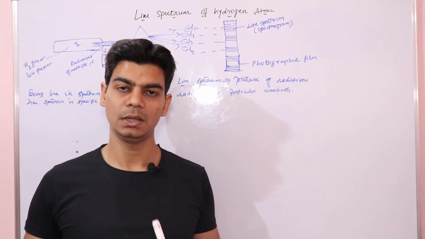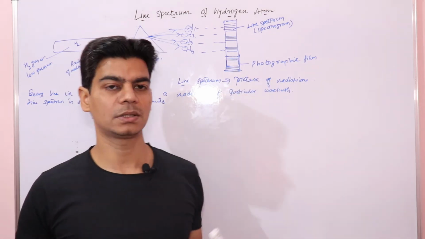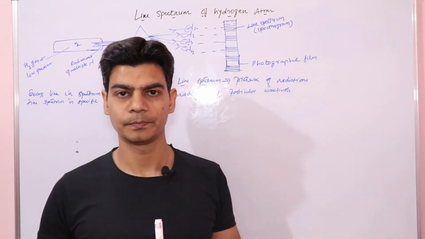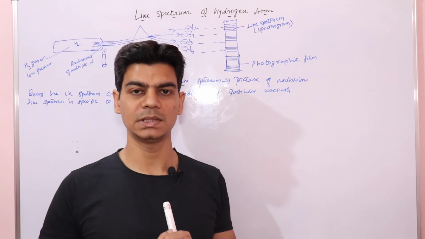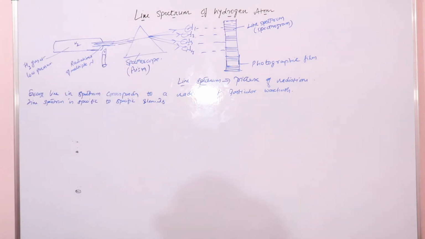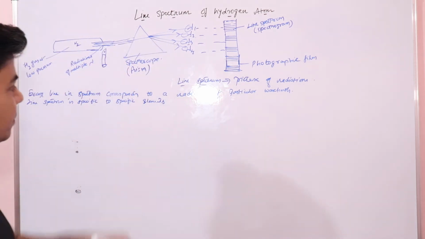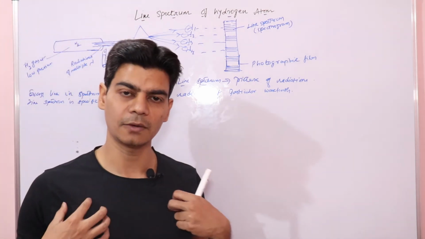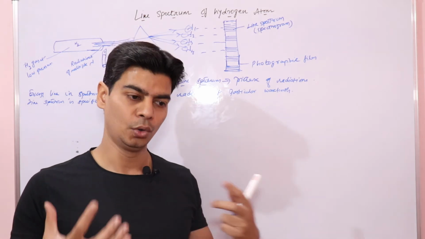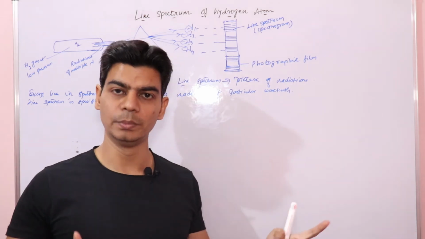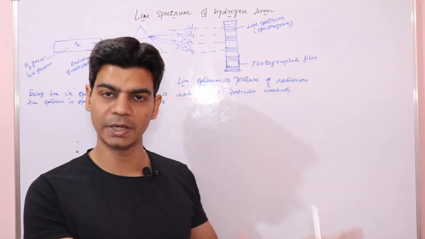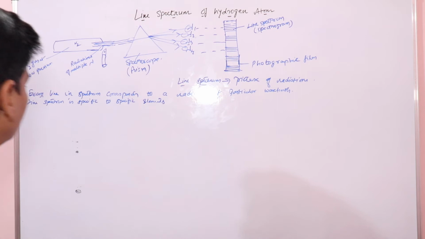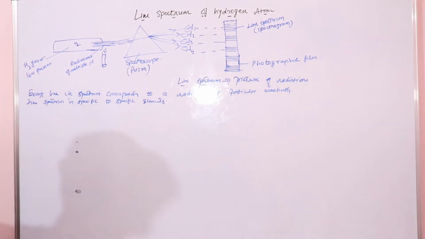Like I said, in the case of sodium metal, the line spectrum on the photographic film consists of yellow lines of wavelength 5890 and 5896 angstrom. These are like fingerprints. Just as no two humans have similar fingerprints, no two elements will have similar line spectra. So line spectrum is specific to specific elements.